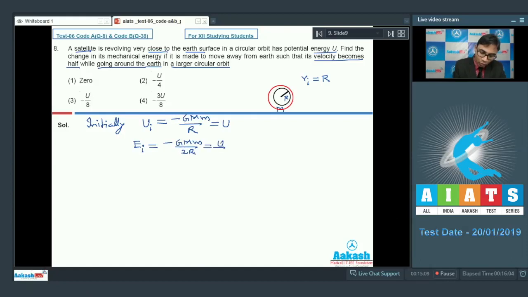That means U by 2. This is our initial mechanical energy of the satellite.